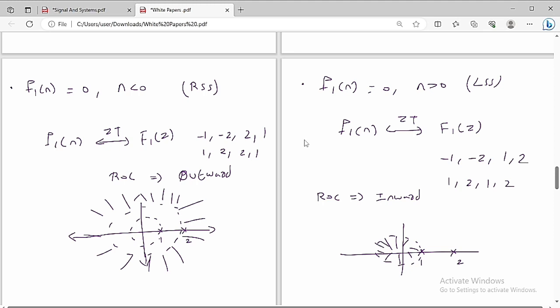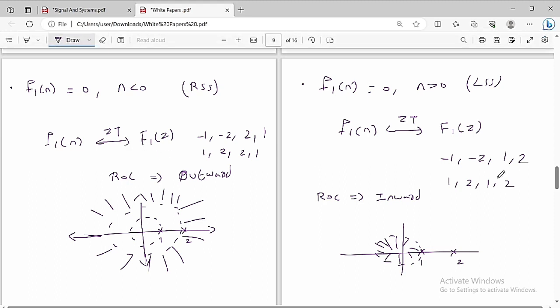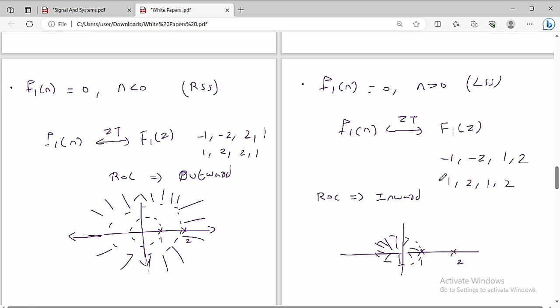So finally we can say only one important point: the ROC of the right sided discrete time signal starts from the rightmost magnitude of the pole. Similarly, the ROC of the left sided discrete time signal starts from the leftmost, we can say least, magnitude of the pole.